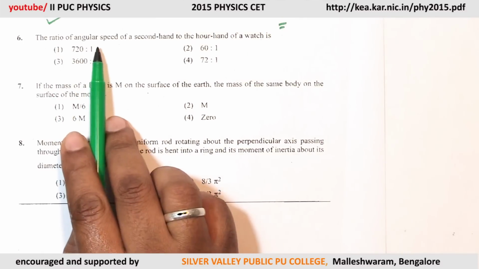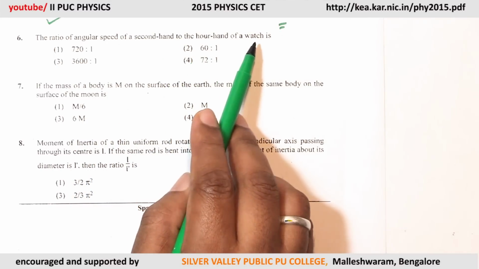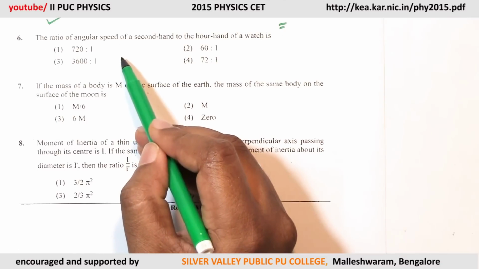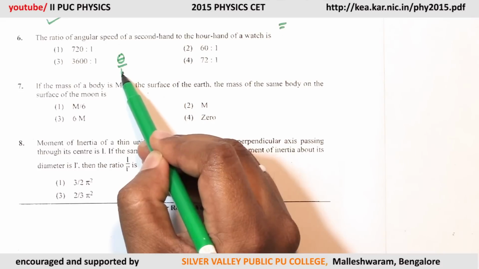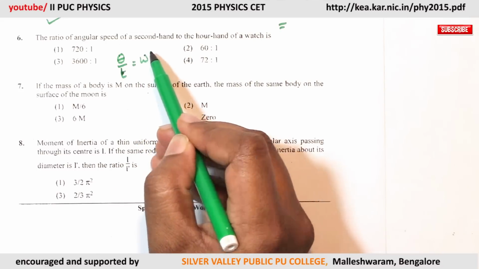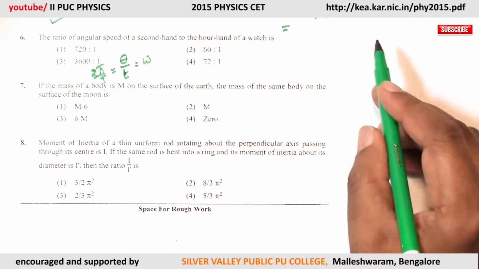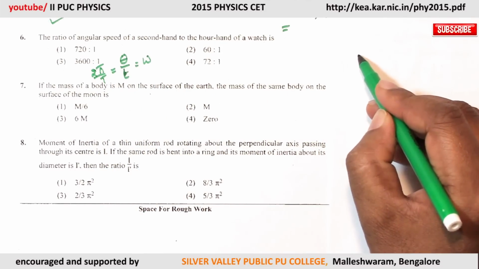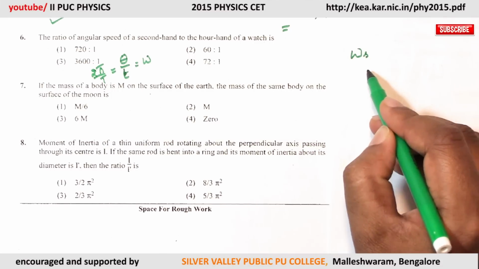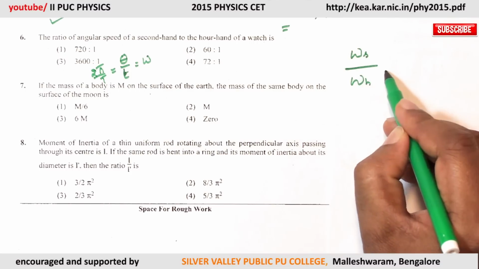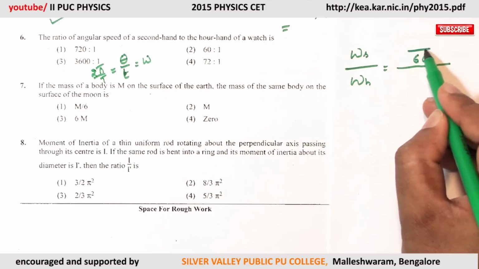The ratio of angular speed of second hand to hour hand of a watch. Angular speed is given by theta by t, which is omega. Angular speed of second hand by angular speed of hour hand. Second hand takes 60 seconds to complete one rotation.